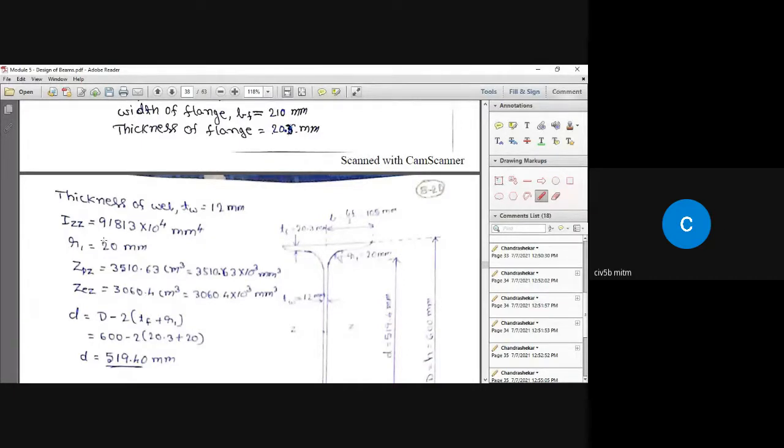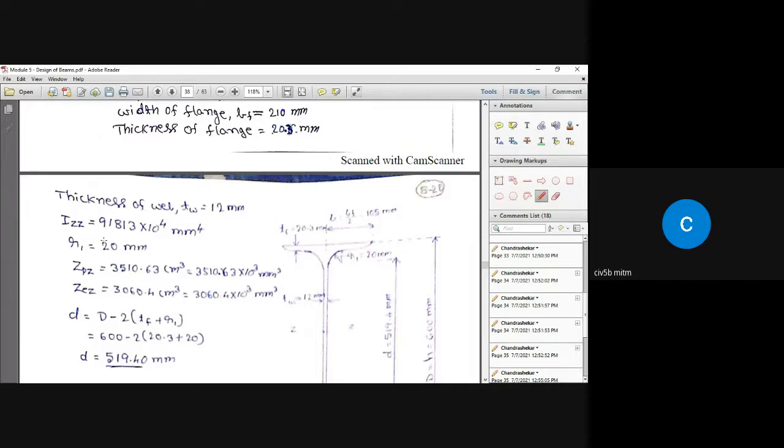When you take the IZZ value from the steel table for that ISMB 600 section, you are not going to look at the table for IZZ, instead you are going to look for the IXX value. That is the way the steel table uses. So pick that IXX value and write it as IZZ here. That is equal to 91813 into 10 to the power of 4 millimeter 4.